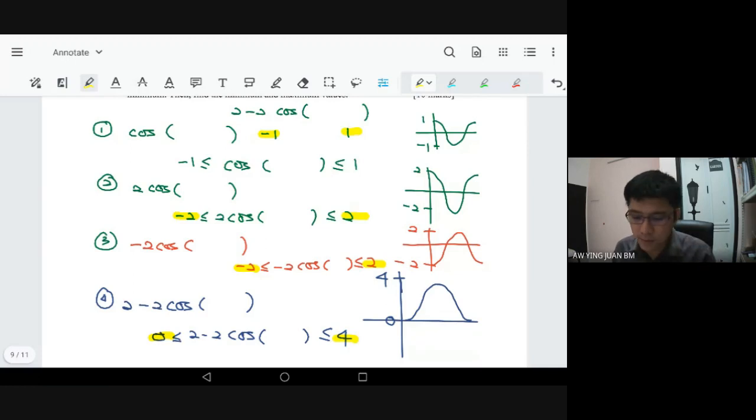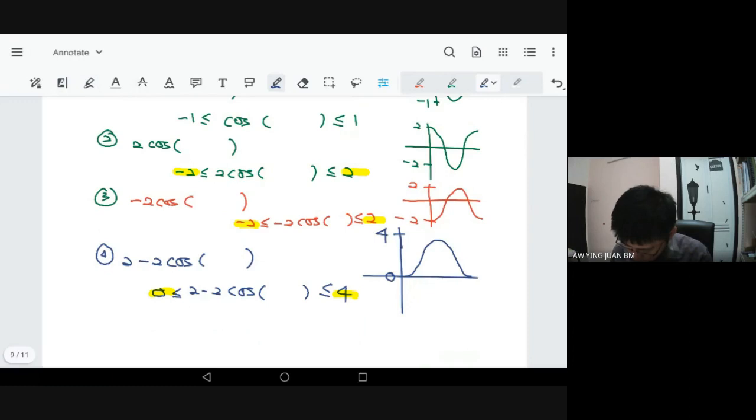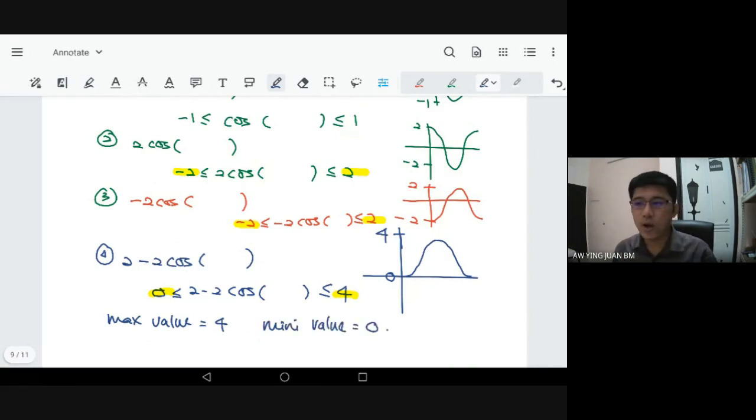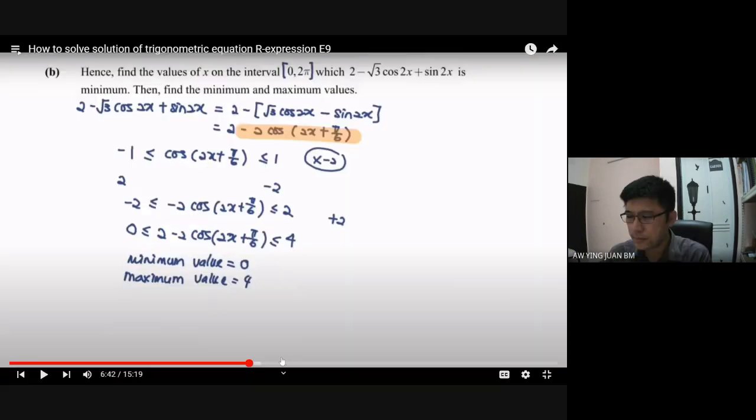So your max value equals 4. Your minimum value equals 0. So that's all for the part on finding the minimum and maximum value. That is how I answer the question in a final exam. So straightforward.